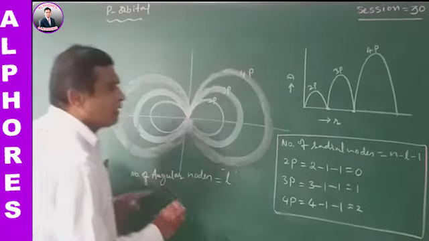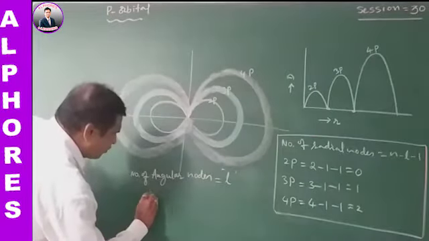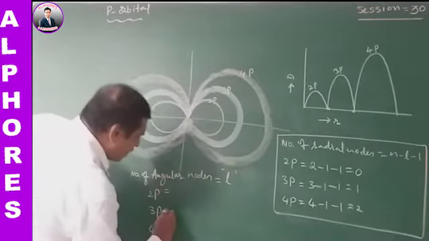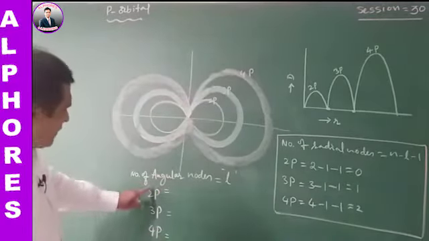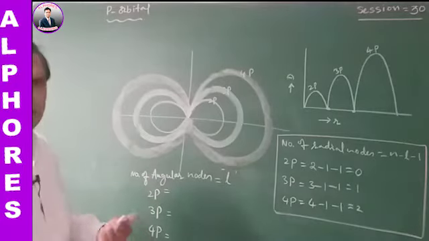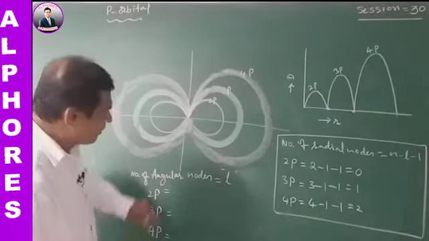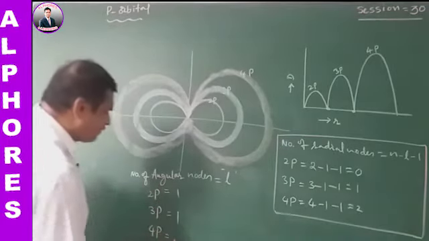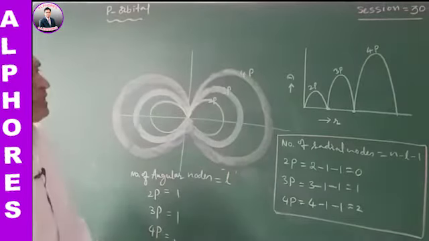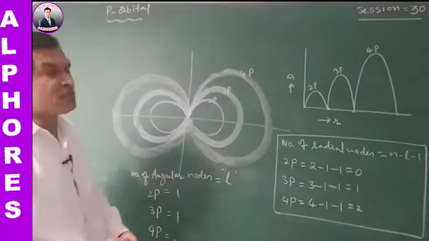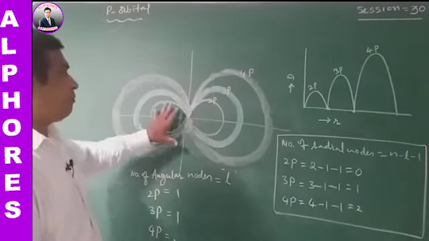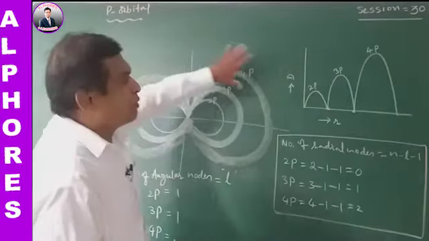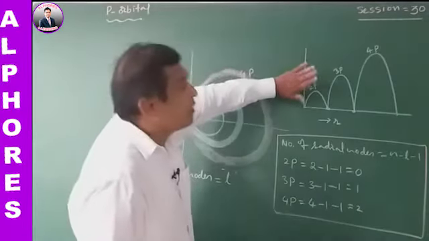So the number of angular nodes for 2p orbital, 3p orbital and 4p orbital is always equal to L value. For any p orbital, L value is always equal to 1, isn't it? Therefore, the number of angular nodes is always equal to 1 for all of them. Okay, is the concept clear? It is a very important concept and very interesting also, but you should concentrate more on this to understand. So this is about the radial probability distribution curve for the p orbitals.